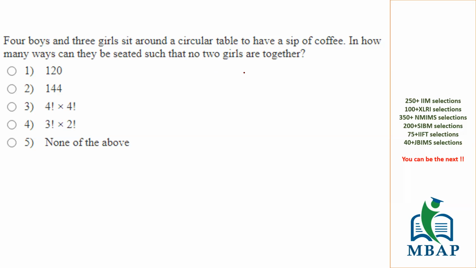So four boys and three girls have to be arranged around a circular table.